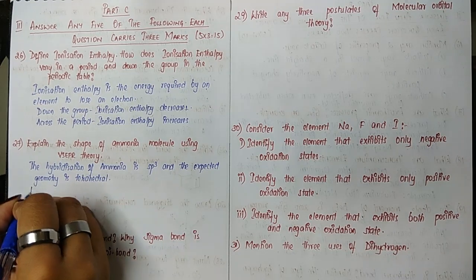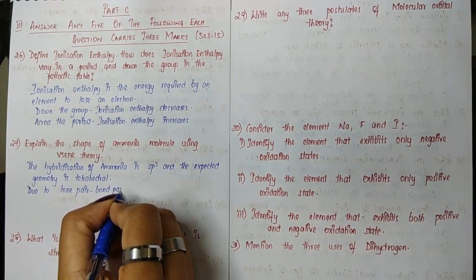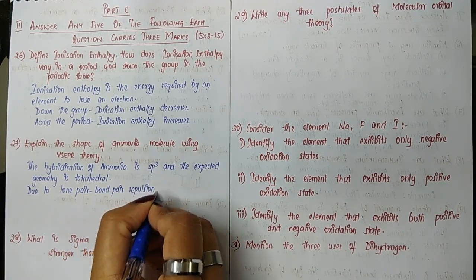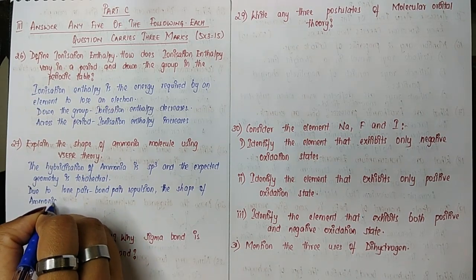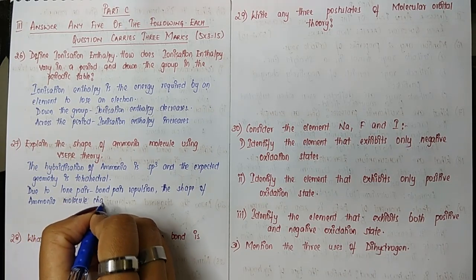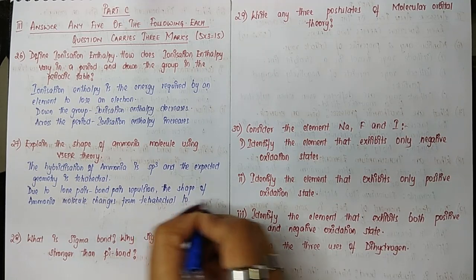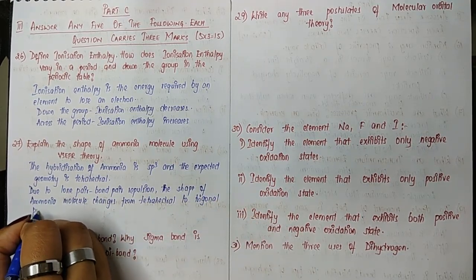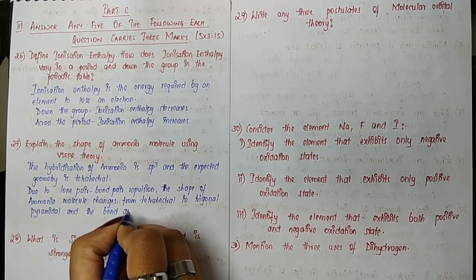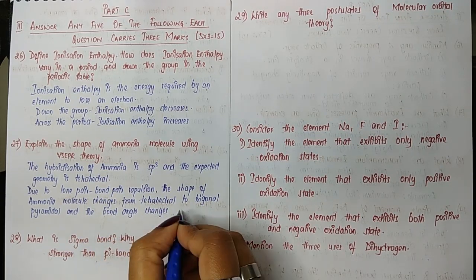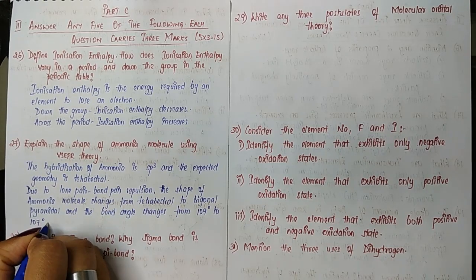But what happens is due to lone pair bond pair repulsion, the shape of ammonia molecule changes from tetrahedral to trigonal pyramidal, and the bond angle changes from 109 degrees to 107 degrees.